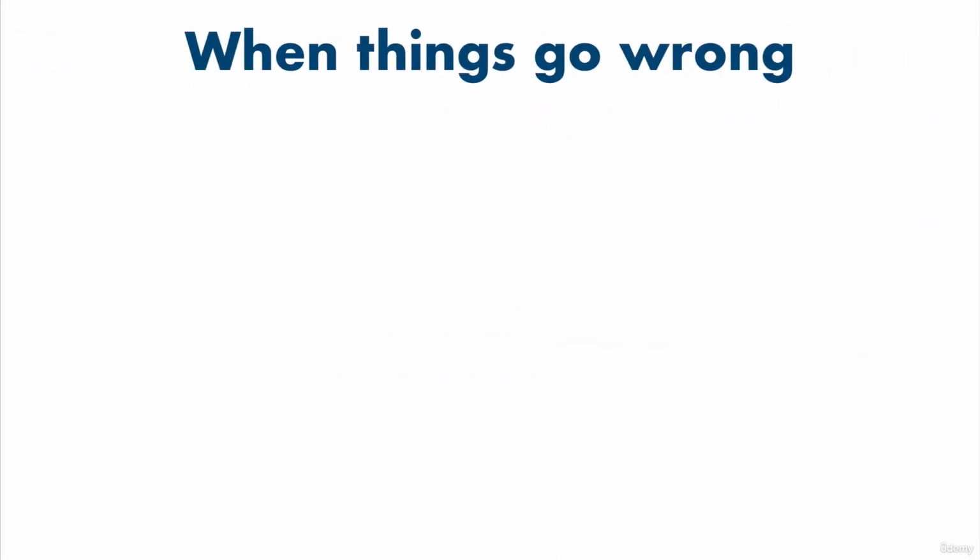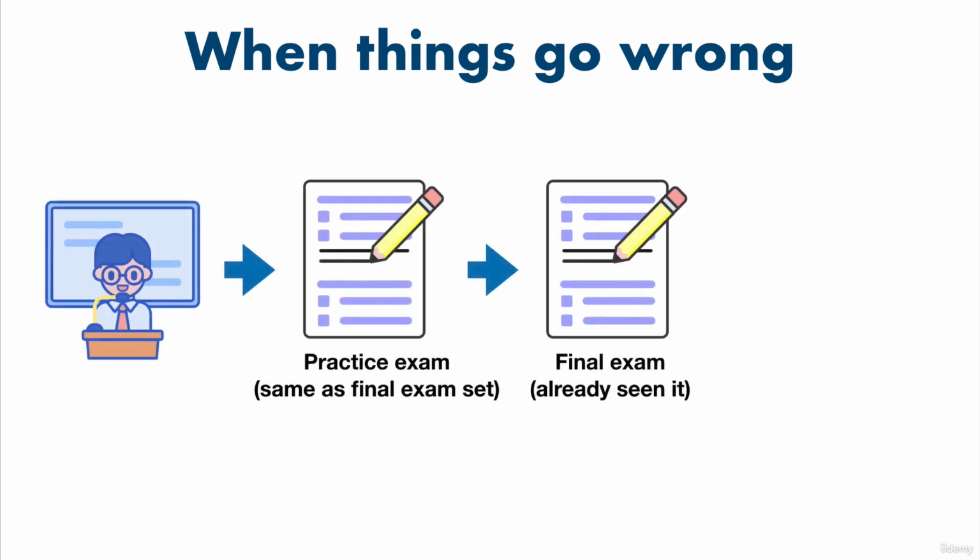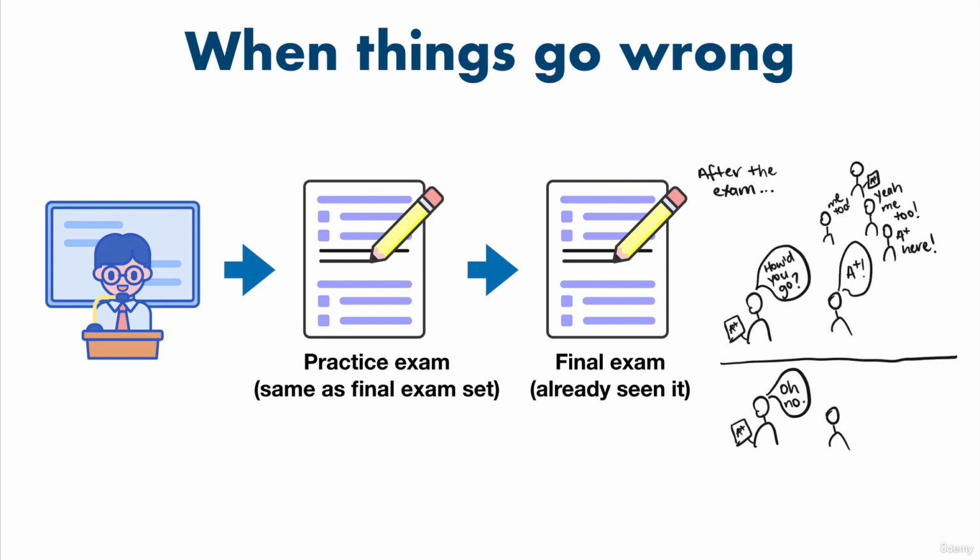Now, where might this go wrong? Well, if your professor accidentally sent out the final exam for everyone to practice on, when it came time to the actual exam, everyone would have already seen it. Now, since people know what they should be expecting, they go through the exam, they answer all the questions with ease, and everyone ends up getting top marks.